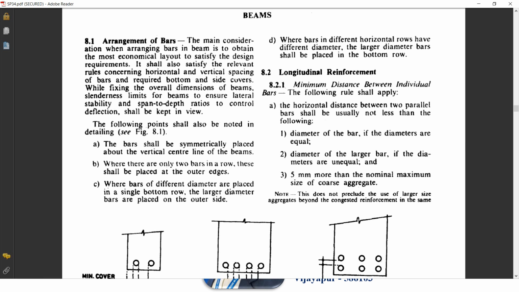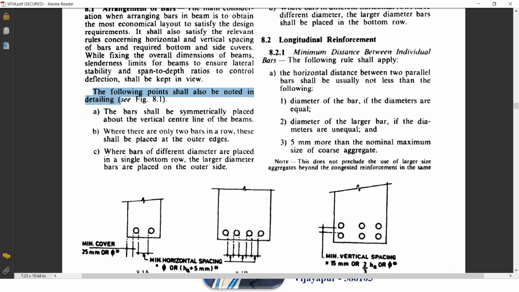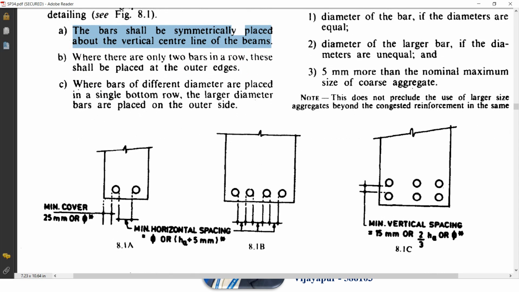So you'll be seeing one by one. Regarding the arrangement of bars, first let us see. The following points have to be noted while doing the detailing. First one is that the bars shall be symmetrically placed about the vertical center line of beams. This is a beam in which we have placed two bars at the bottom.